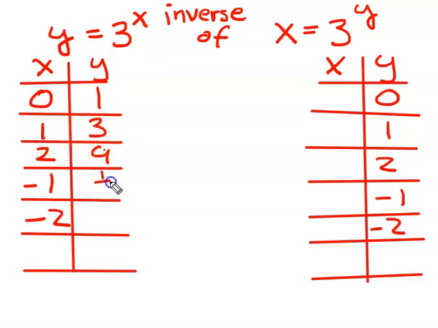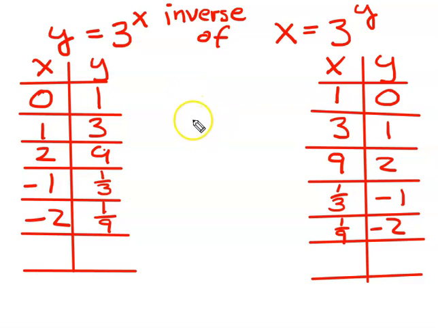So this is 1/3, and this will be 1/9. Now here we have the y values. We want to find out the x values. So if y is 0, 3 to the 0 power is 1. This is 3. This is 9. And now these will be the reciprocal, 1/3 and 1/9.